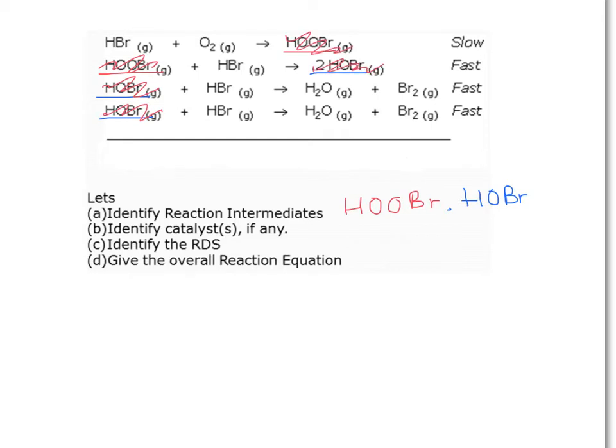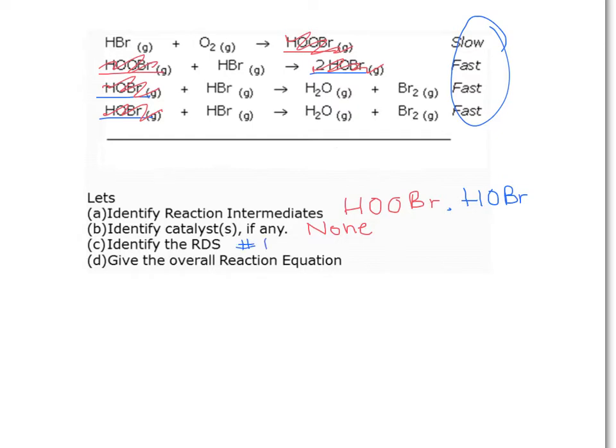There's nothing else there that I can cancel out, so I do not have a catalyst. And sometimes that is a trick question, and we'll just answer that there are none. Then we need to identify the rate determining step, and this is where we look in order to identify the rate determining step. We're always looking for the slowest step. In our case, that would be the first one.